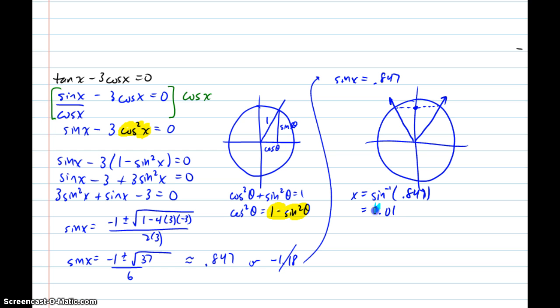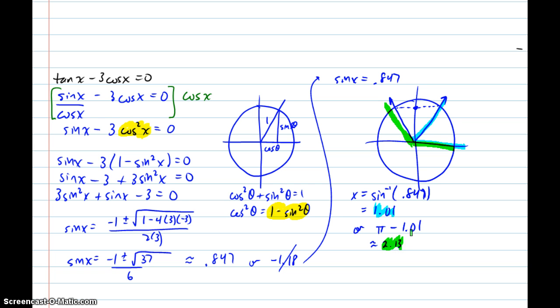So that particular value corresponds to this angle, and if I want all the angles between 0 and 2 pi, to get the other angle, I'll highlight that one in green, I need to do pi minus 1.01, which is about 2.13, and that's the angle in green.